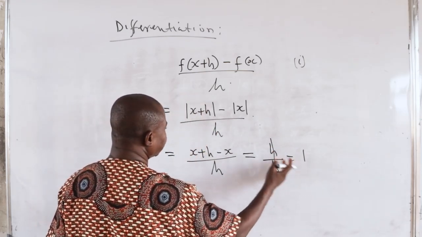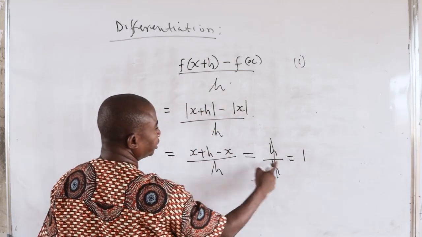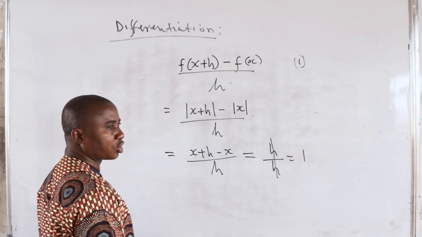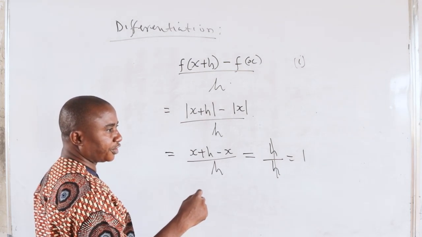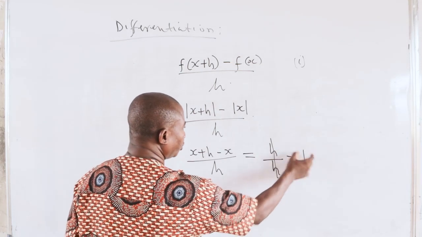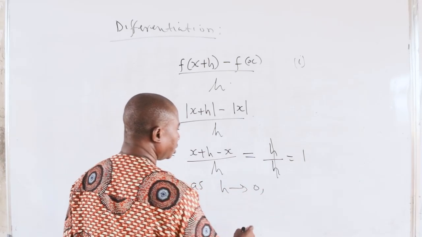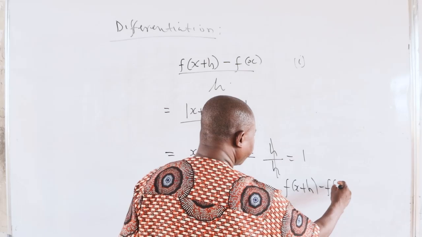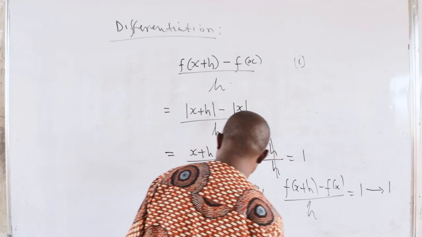So now it is clear to us that if we take limit as h tends to 0 of this quotient, it means taking the limit as h tends to 0 of this constant one. And we saw when we were learning the limit of functions that the limit of a constant function is itself. Therefore, when we take this limit, as h tends to 0, f of x plus h minus f of x divided by h, which is equal to 1, tends also to 1.